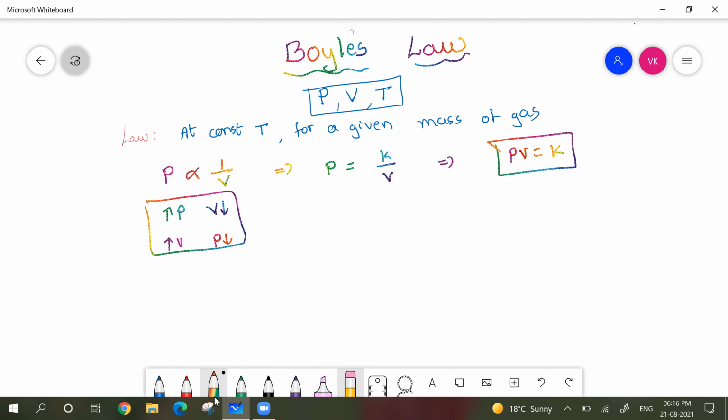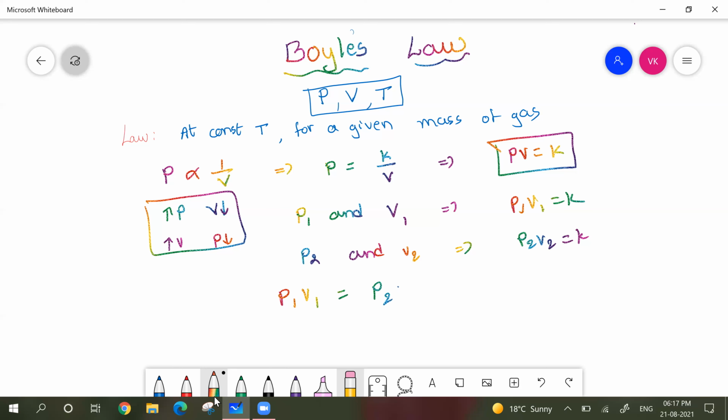For example, we have a gas at constant temperature for a given mass of gas, pressure is P1 and volume is V1. Then by Boyle's law, P1 V1 is equal to K. At a given pressure P2 and volume V2, Boyle's law again gives P2 V2 is equal to K. Both are equated to a constant, so we can write simply P1 V1 is equal to P2 V2.